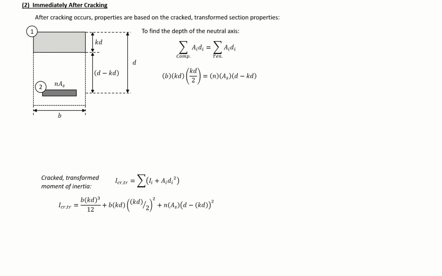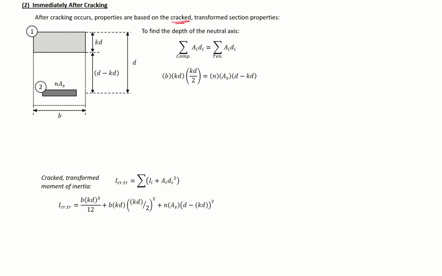The next point that we're going to find is our immediately after cracking moment and curvature. So we know that our moment's going to stay the same, so now all we need to calculate is our curvature. And we'll calculate our curvature based on our cracked transformed section properties.